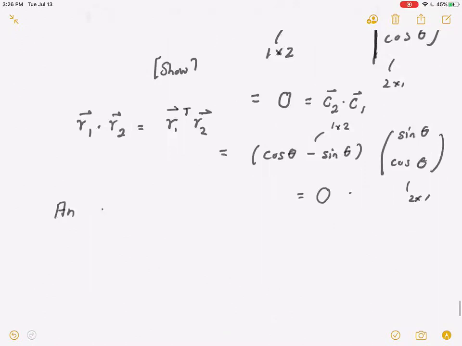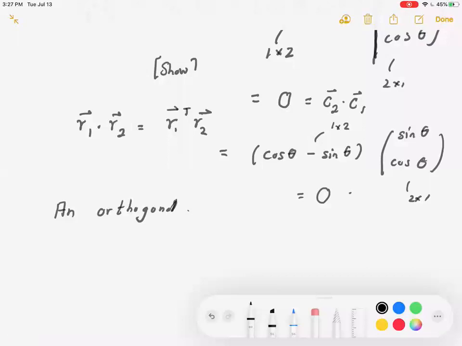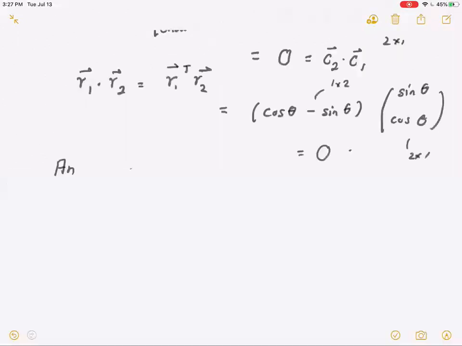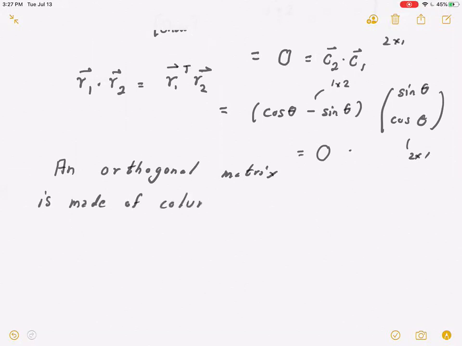So now we see why we call this matrix an orthogonal matrix. An orthogonal matrix is made of columns and rows.